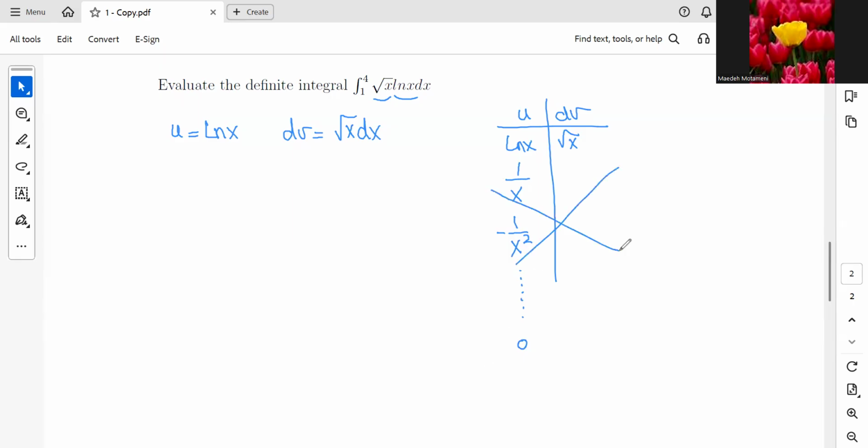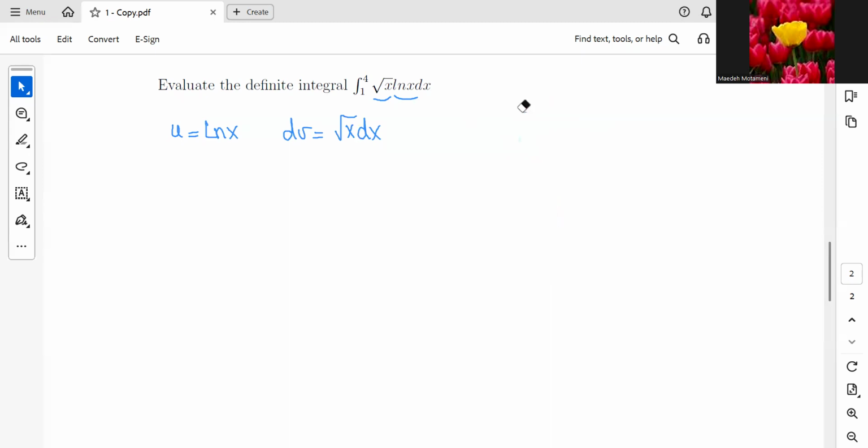So this doesn't work here. We have to use the basic way, the original way of doing integration by parts.